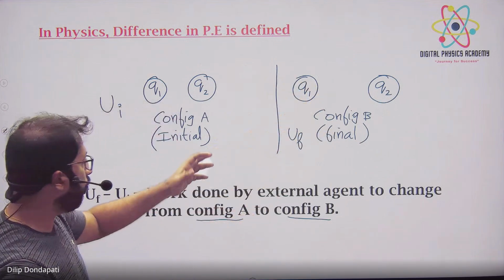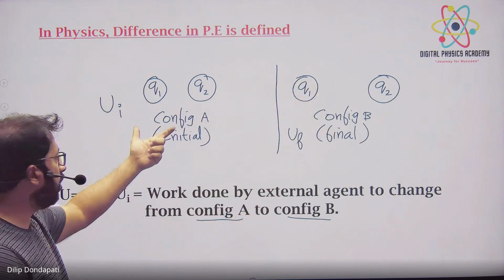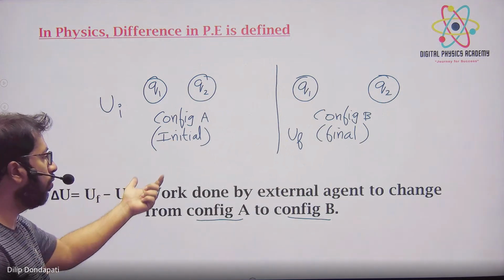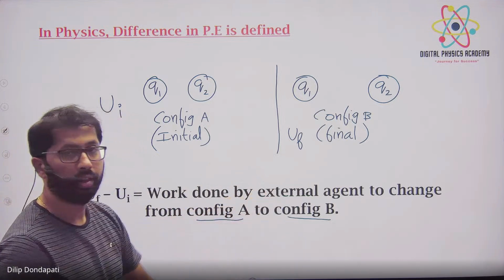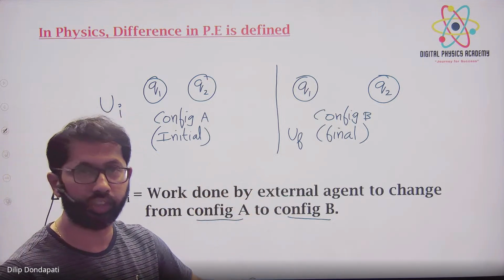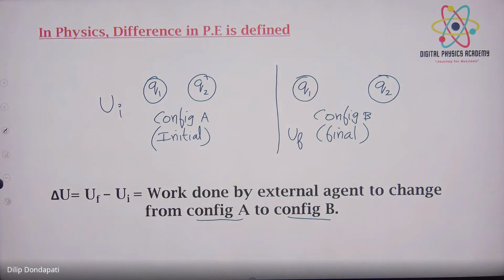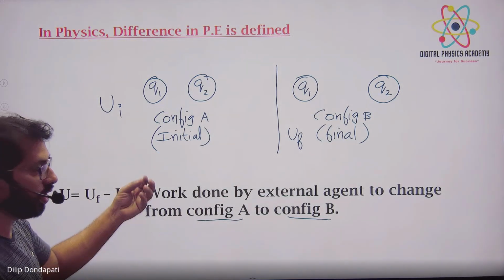So final potential energy minus initial potential energy is equal to the work done by the external agent to change from configuration A to configuration B. This is the definition of change in potential energy. That's why whenever potential energy comes, they always ask work done, work done.